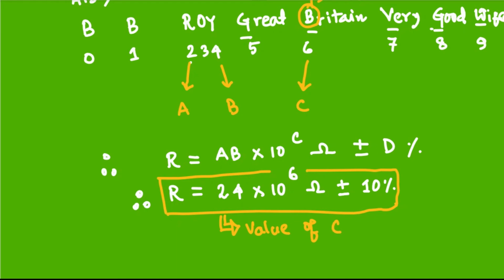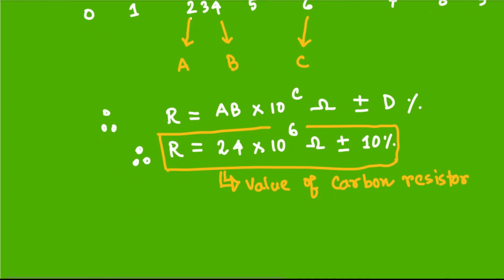Therefore, the value of resistance of the carbon resistor is R equal to 24 mega ohm plus minus 10%.